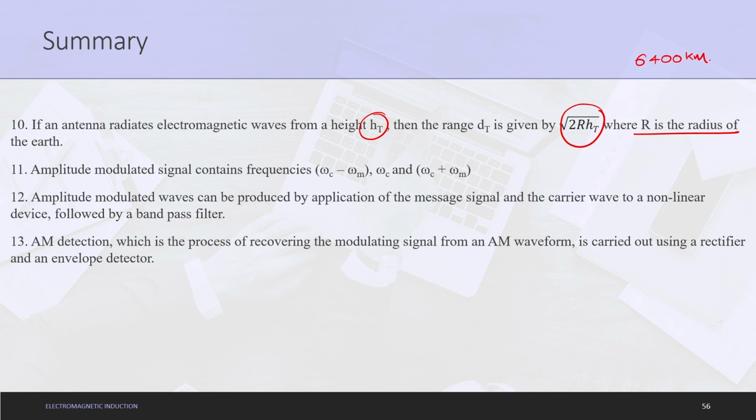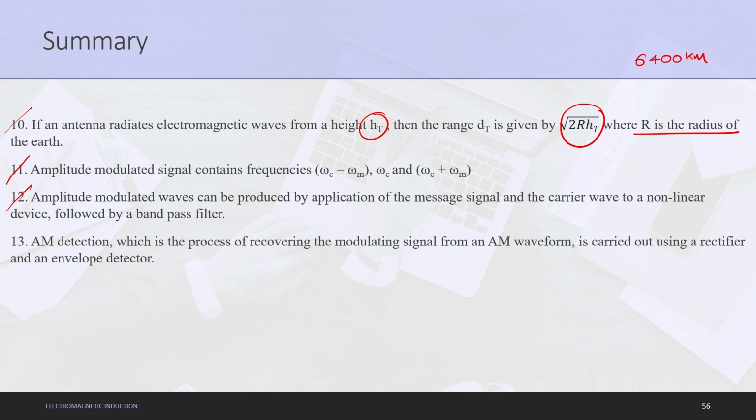Amplitude modulated wave is also done. An amplitude modulated signal contains the frequencies that the band pass filter allows, which are omega c, and the sidebands, that is omega c plus omega m and omega c minus omega m. Finally, an amplitude modulated wave can be produced by application of the message signal and the carrier wave to a non-linear device followed by a band pass filter.